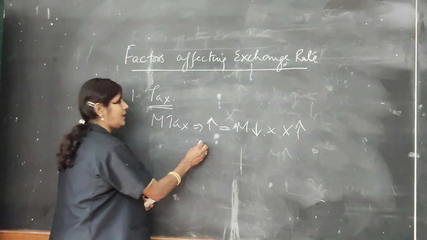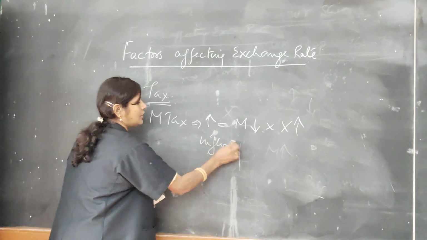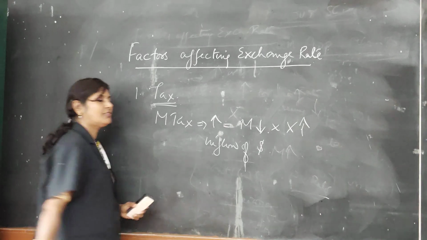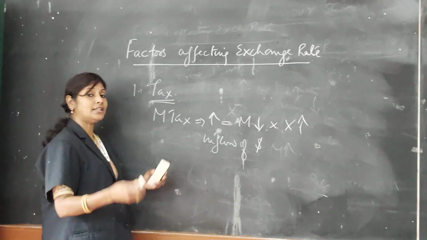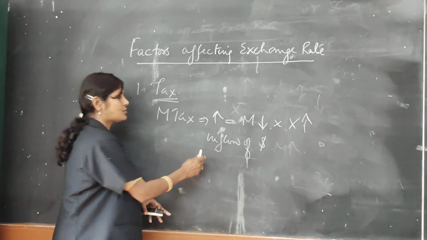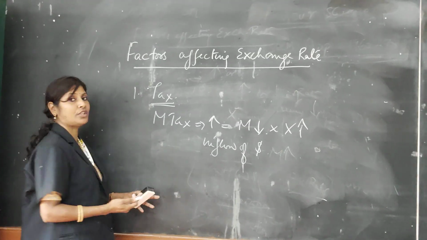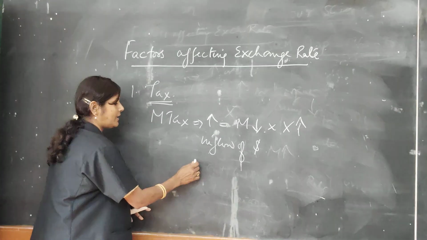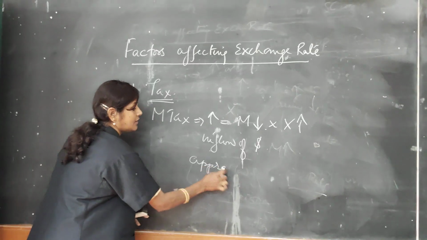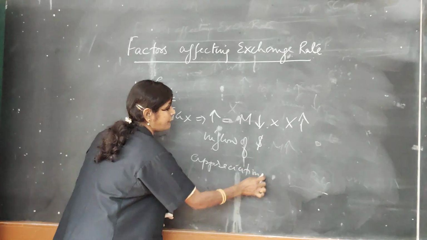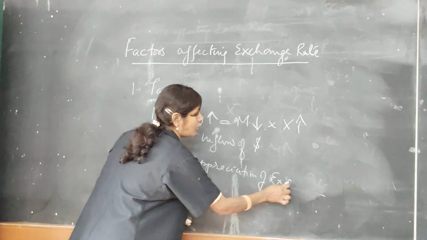So there will be an inflow of dollars, and the outflow will be lesser. Due to the inflow of dollars compared to the imports, what will happen? There will be an appreciation of the exchange rate or dollars.